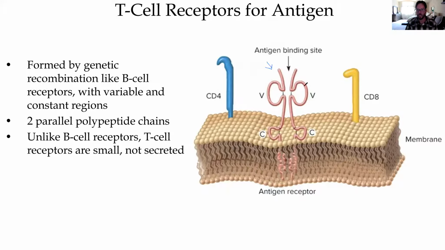This is what's going to bind the antigen that's presented to it by the macrophage or dendritic cell. And then it's going to have either a bunch of CD4 receptors, which will make it a helper cell, or a bunch of CD8 receptors, which makes it primarily a cytotoxic cell, okay?